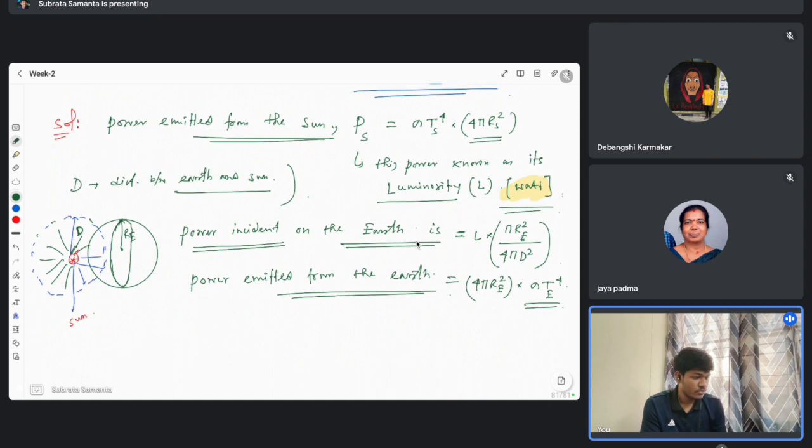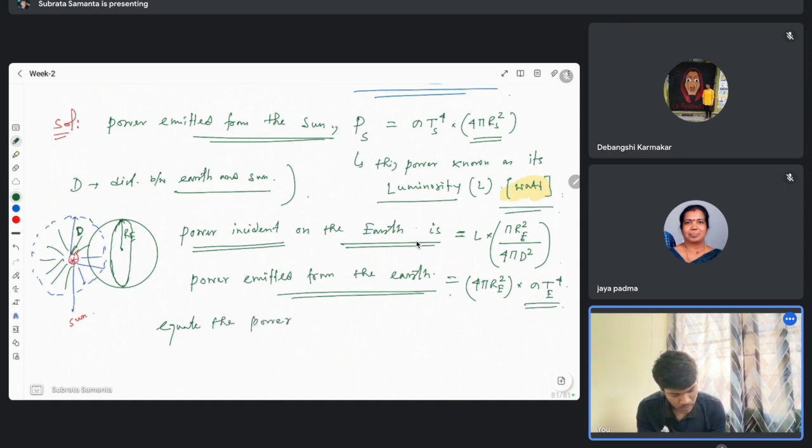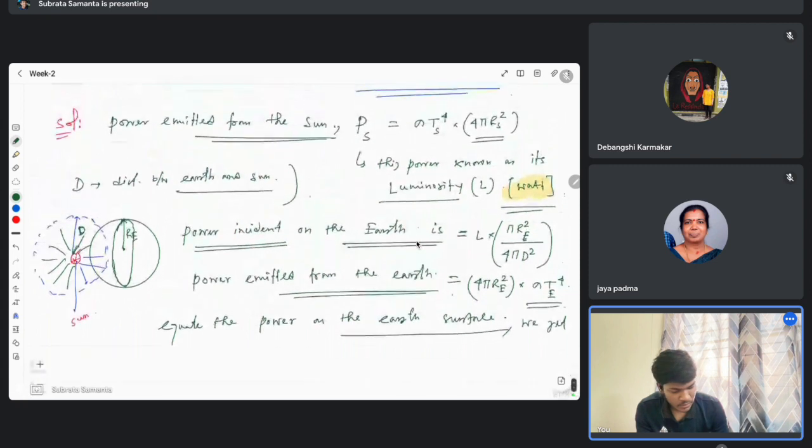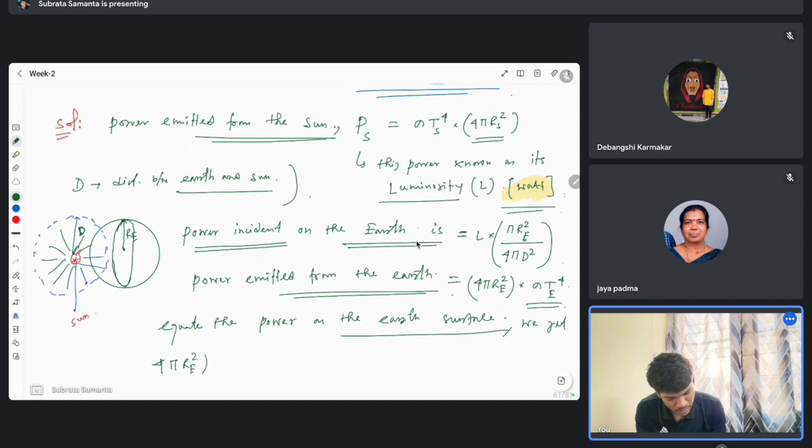So once we equate these two, we equate the power on the Earth's surface, and we get that 4 pi r e square times sigma T e to the power 4 equals the luminosity.